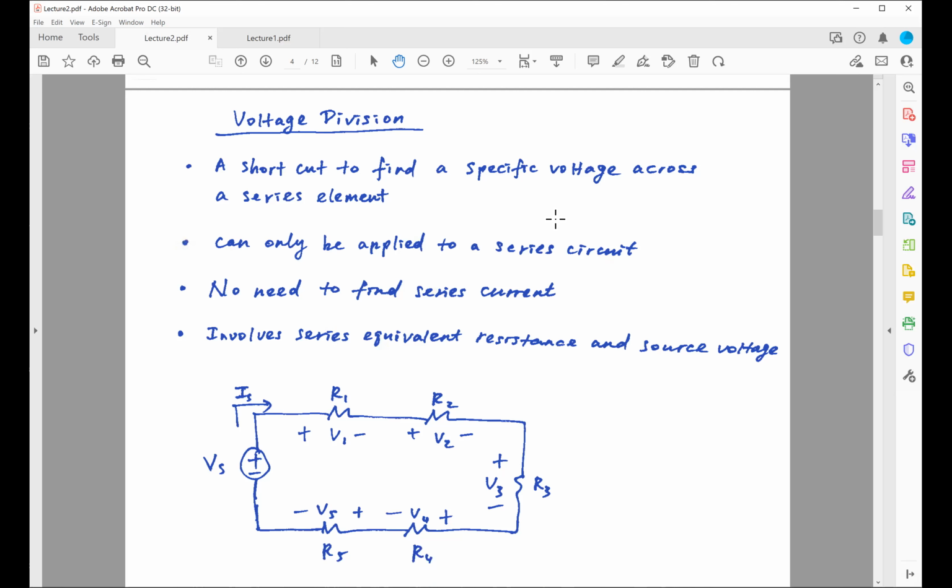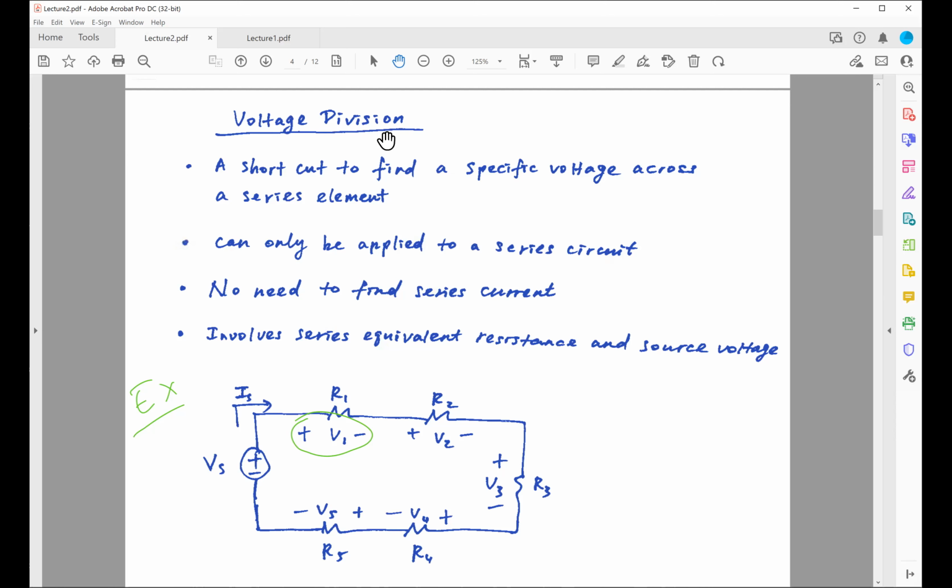So for example, even in the same circuit that we analyzed just now, if I want to find the voltage drop across R1, which is V1 in this case, I can simply use voltage division to find this voltage V1. Similarly, I can find V5, V4 using the same technique. And that is something I'm going to show you next.